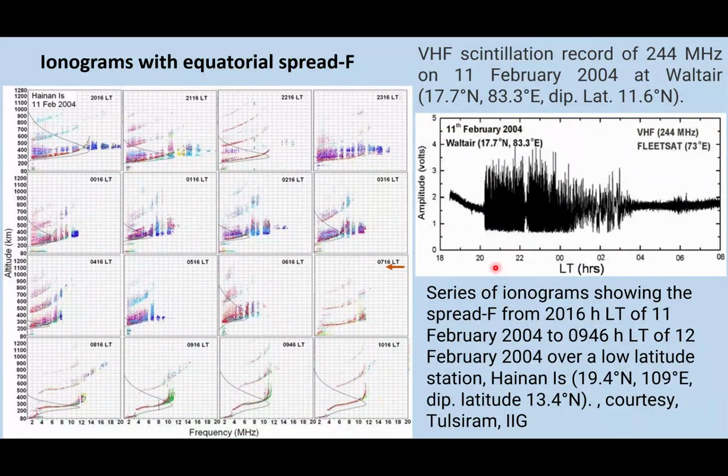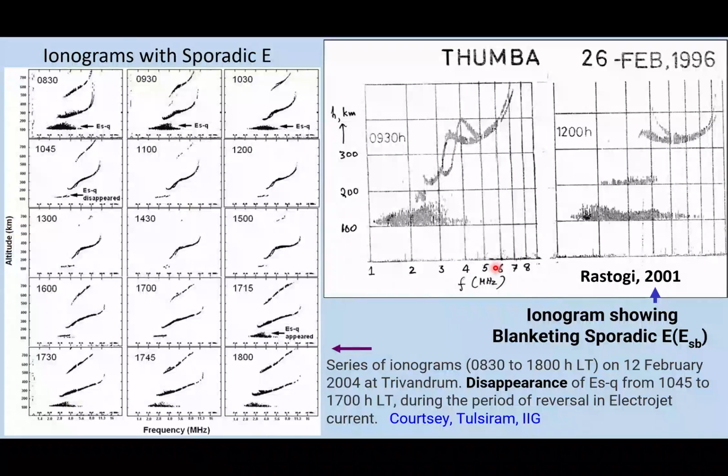Now we look into another feature called sporadic E, which occurs in the E region, and it occurs not regularly but sporadically at times. That's why it's called sporadic E. The feature that we see here on the ionograms, on the E layer, is that in addition to the normal trace, which should be something like this, there is an enhanced signal coming from over an extended range of frequencies.